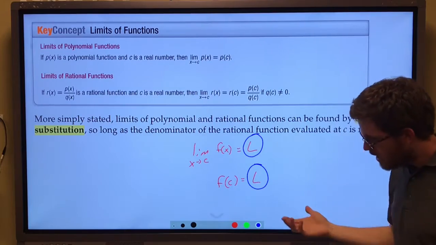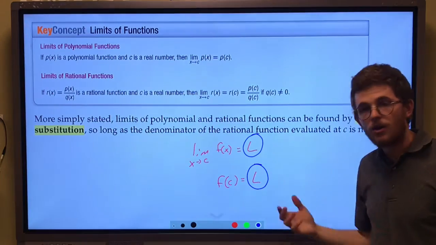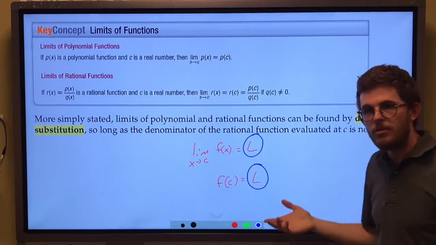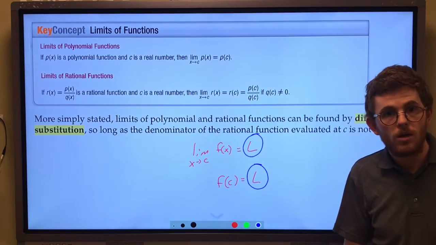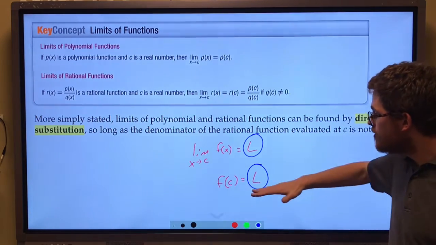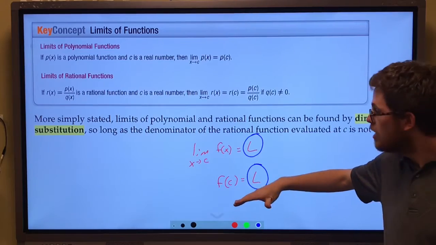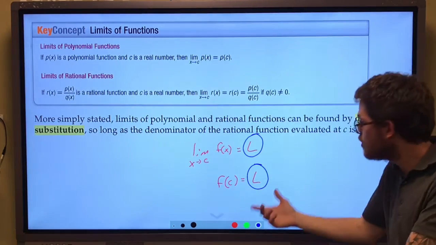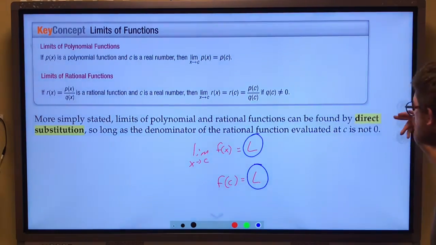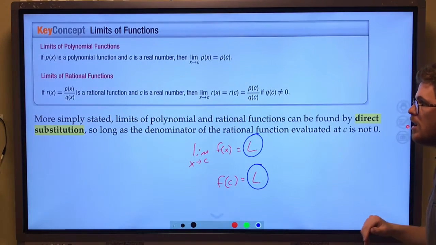We said yes, it has continuity at this value if the limit is the same thing as our output. So it would make sense that if it's continuous at this value, then that's simply going to be what the limit is. We can just work backwards, and that's by using direct substitution.